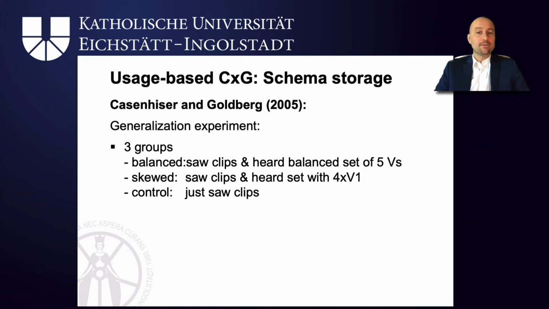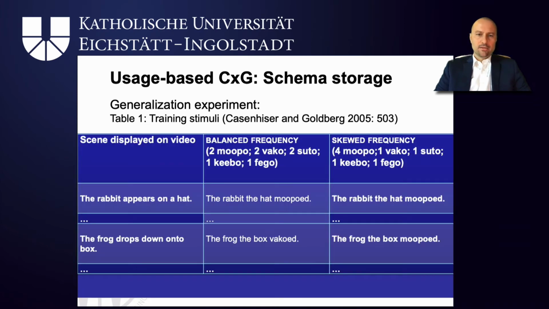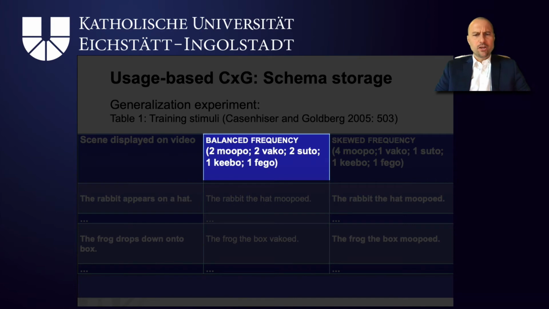So they had a prototype for the construction, one type that appeared with a high token frequency, and of course a control group who just saw the clips. Table 1 shows you the difference between the 2 groups that were tested. In the balanced frequency group, they had verbs like moopu, veku, sutu, kibu, and figu, so the rabbit, the hat, moopooed, or the frog, the box, vekued.